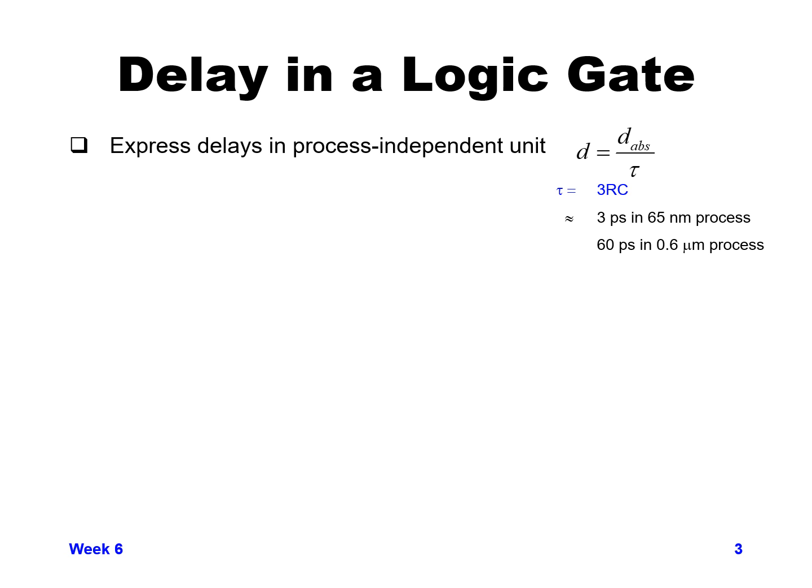So just for example, that delay in a 65 nanometer process would be 3 picoseconds, but in a 0.6 micron process or 600 nanometer process, it would be 60 picoseconds. So in both cases, a D of 1 would be a normalized delay of 1 inverter delay on that process with no load on it.